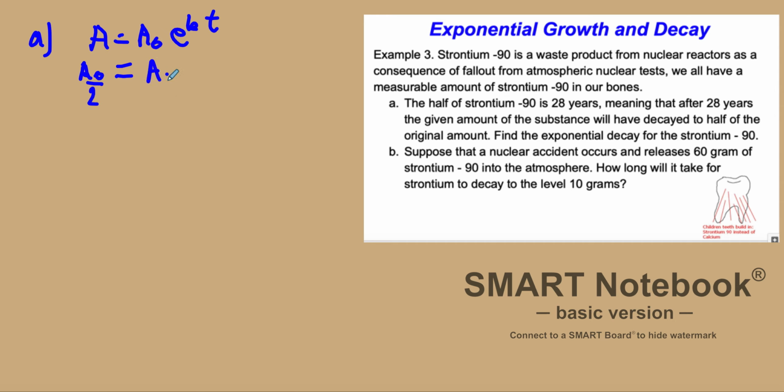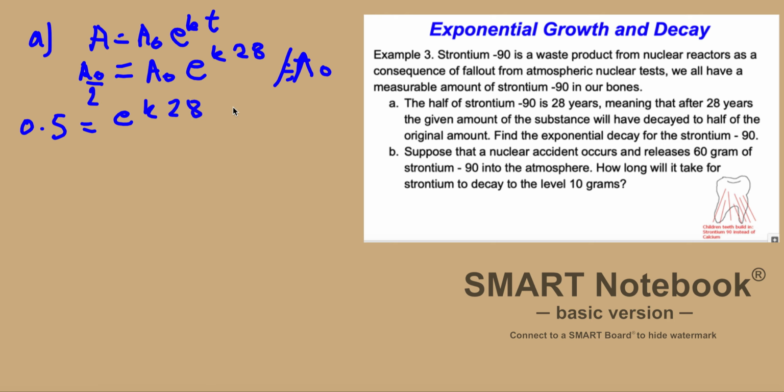So the amount here is A0 over 2, and it equals A0 times e to the power k, and instead of t we are plugging in 28 years. Now we divide everything by A0. If we divide everything by A0, it is going to be 1 over 2, which means 0.5, equal to e to the power k times 28.